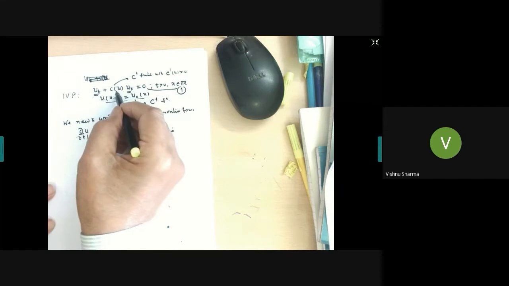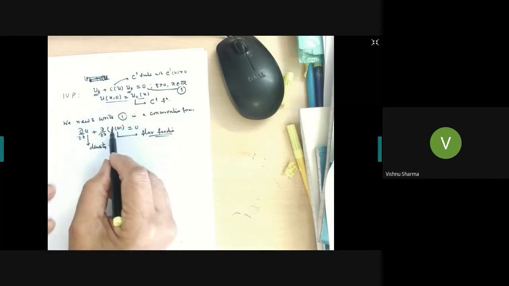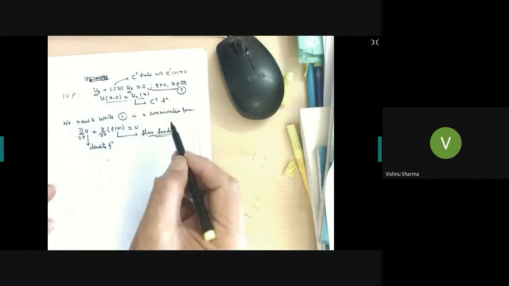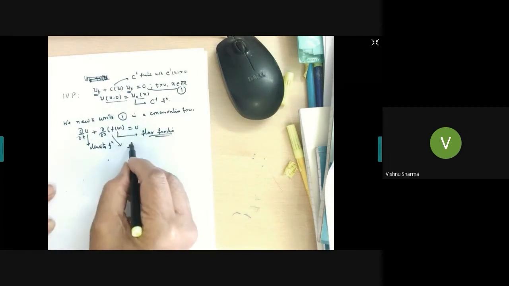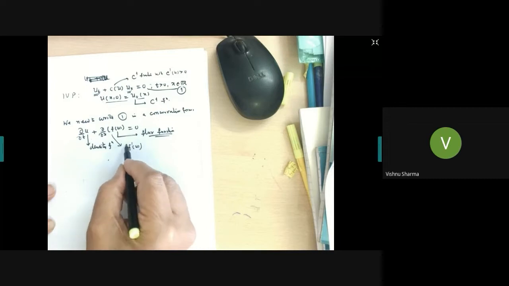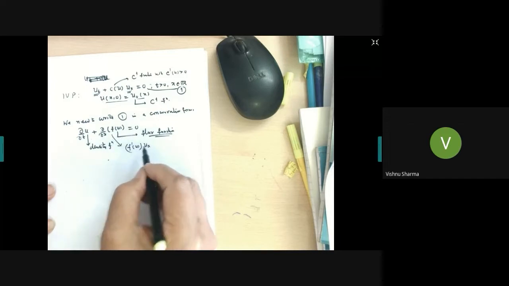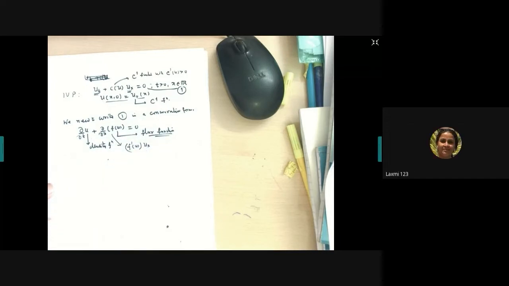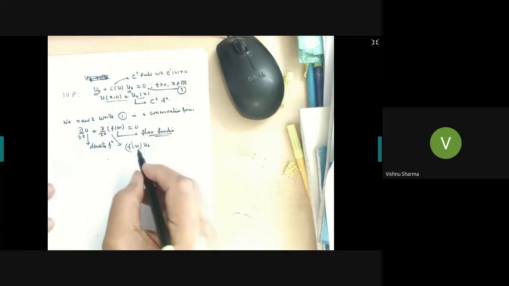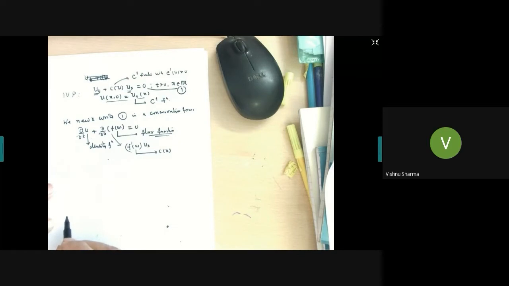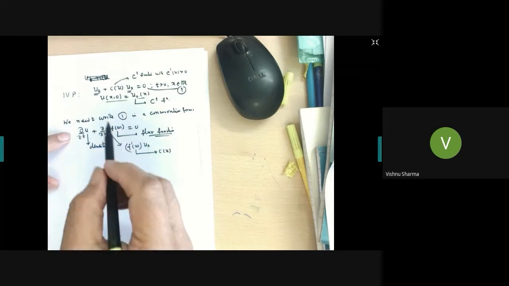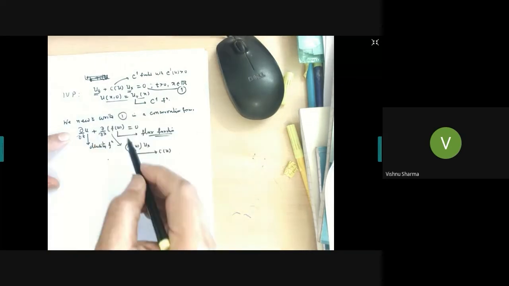Look here, what does it mean? Here, f is a function of u, and in turn, u is a function of x and t. So I can write this as f dash u into u_x, am I right? And this f dash u is nothing but c of u. So this is the same equation, written in this differential form, where c is nothing but f dash u.